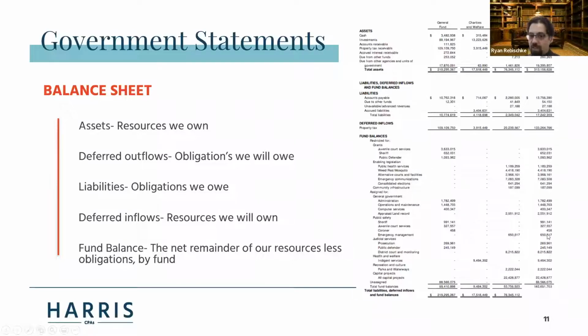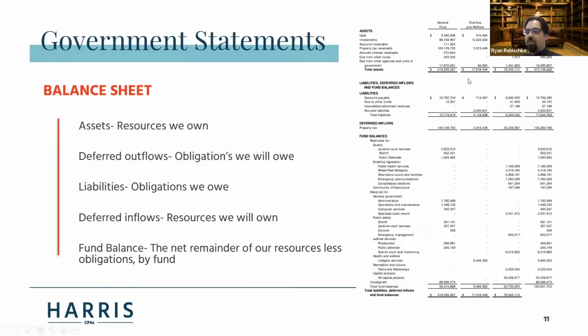And then this goes down the line to our fund balance, and then our total fund balance, liabilities, and deferred inflows. So what that means, just so you can wow your accounting friends, is there's an equation when you look at the statements.